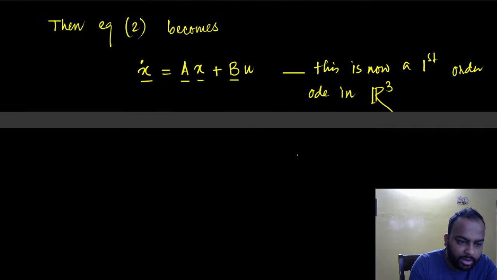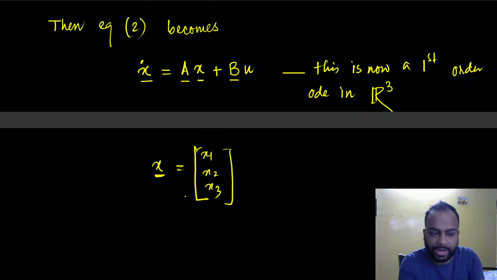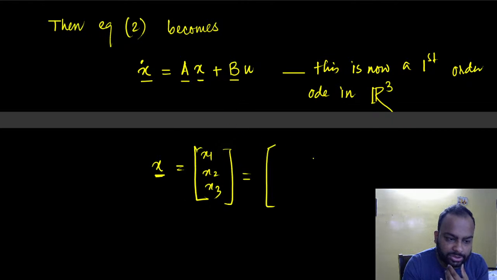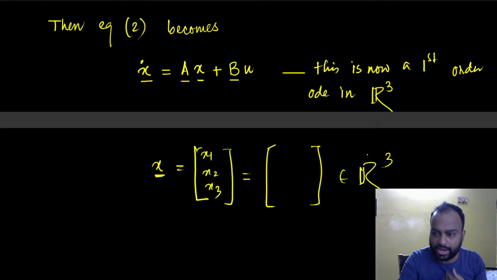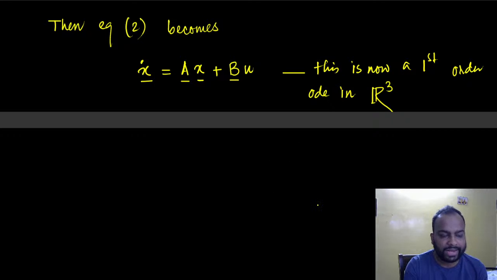Now when I solve this differential equation, I would get x, and x is really x1, x2, x3. So I would get 3 values, 3 solutions, and that is basically a member of R3. R3 means 3 real numbers. I'm going to talk about diagonalization later on, so keep that in mind.